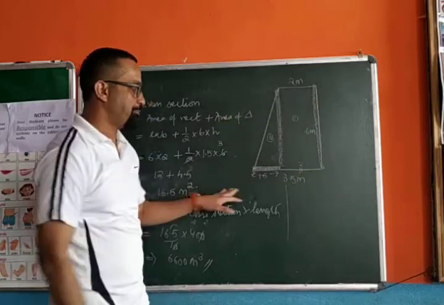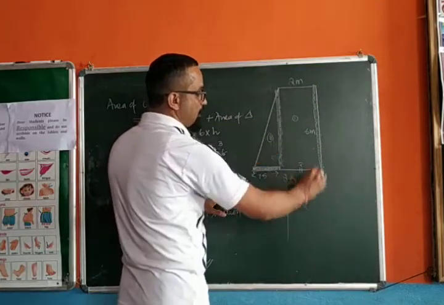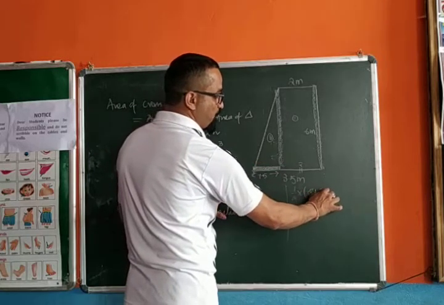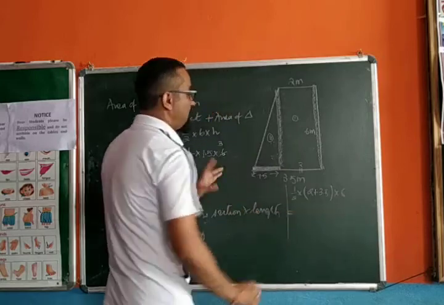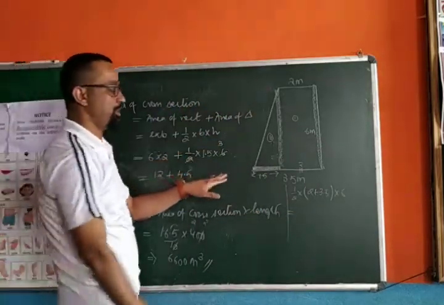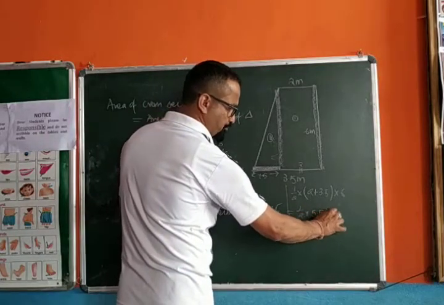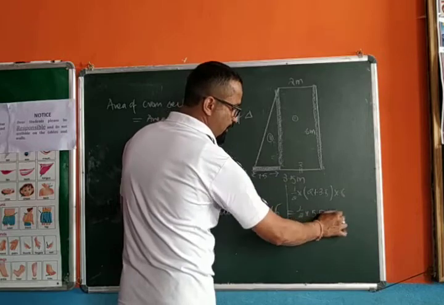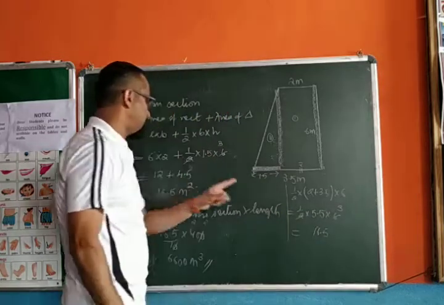This is the height and the formula is half into sum of parallel sides, 2 plus 3.5. Height is 6. Without splitting the figure you can directly do it because it is a trapezium. Half into 5.5 into 6, 3 times 5.5, 16.5. You'll get the same answer.